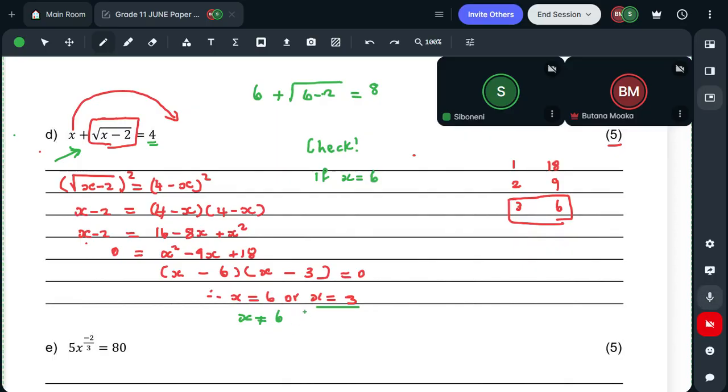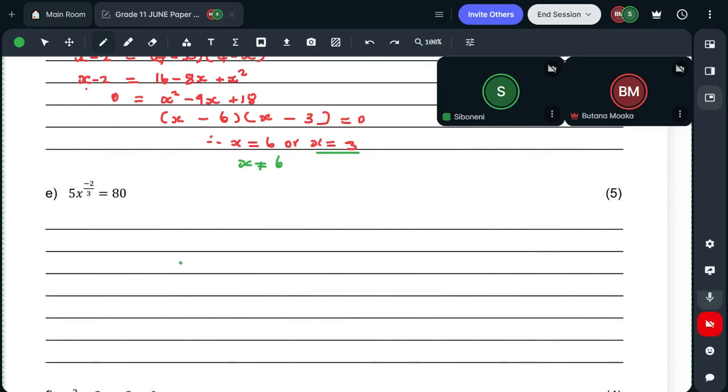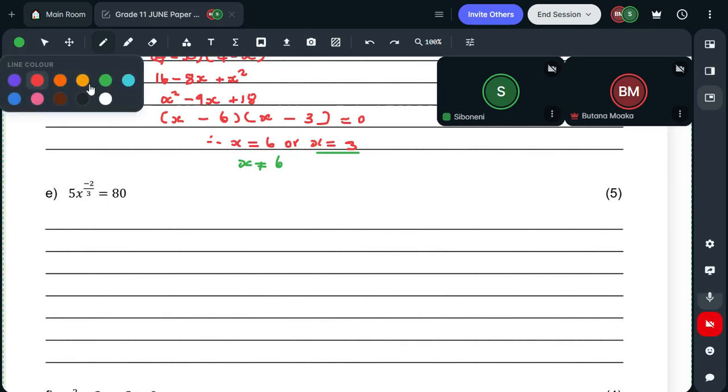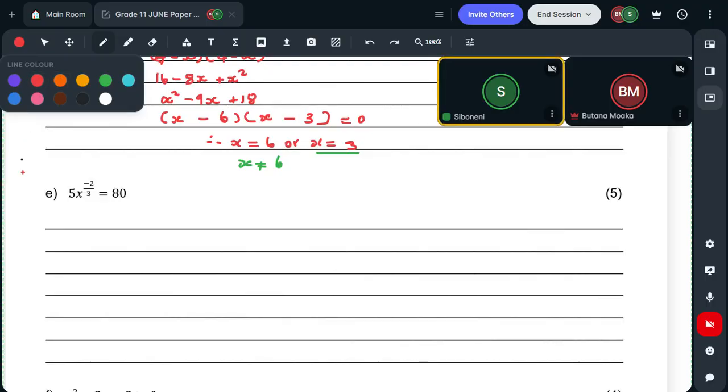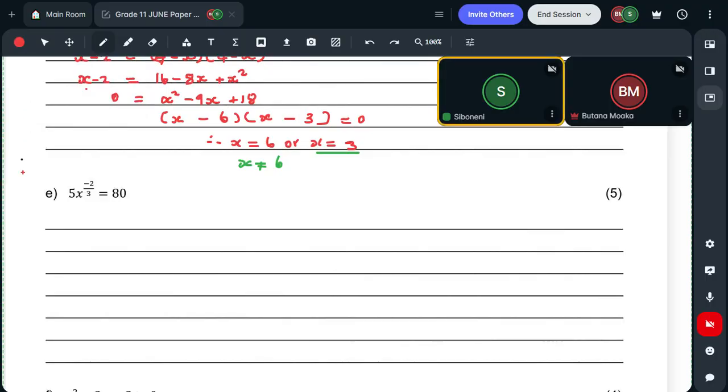Right. Another one, when I look at this one, this is an easy 5 marks. I'm not sure. Do you want to try this one first or should we work on it? Let's work on it. Okay. So remember, when you have this type of equation, the aim here is to isolate the x.